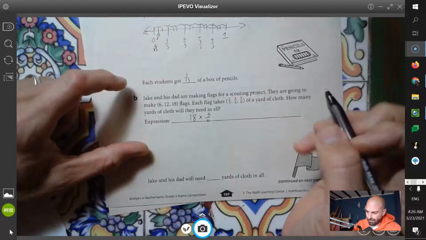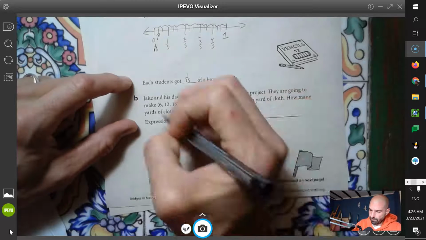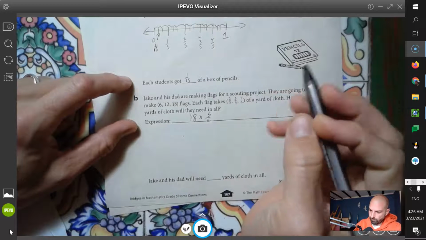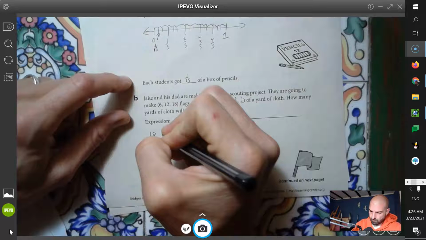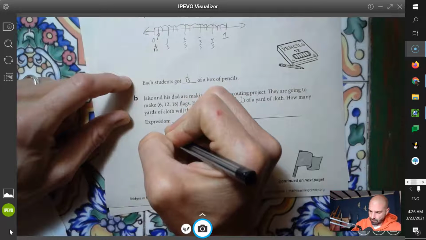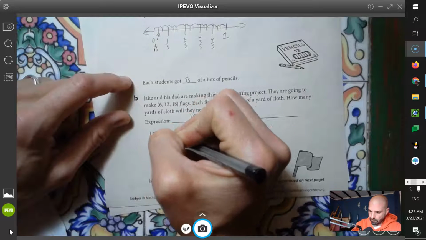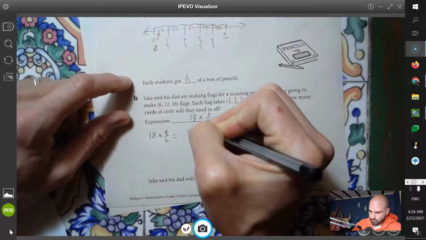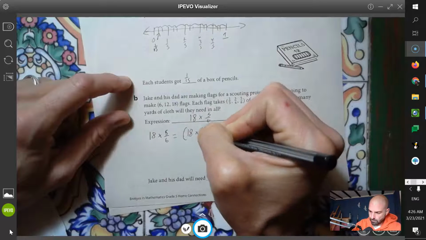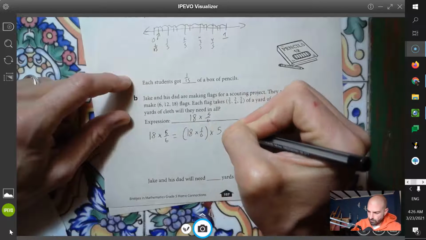I have some thought there, but I can't figure it out. All right. So I have 18, and I'm going to say that's times 5/6, equals 18 times 1/6 times 5.